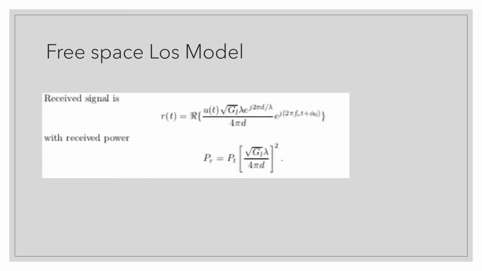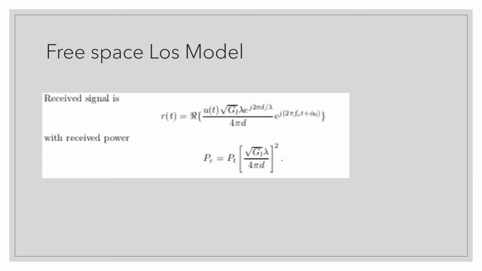And this is the free space loss model. The free space model is typically used for an unobstructed line-of-sight signal path. This is the equation for the receive power, as we can see from this slide.